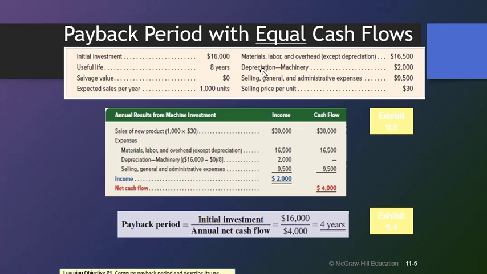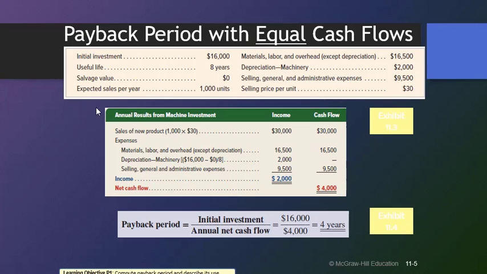That's why it was important to separate depreciation out of the other costs, because we know that depreciation is a cost allocation. It is a non-cash expense. So that's important. All right, so here we're going to look at the annual results associated with this machine. We've got an income column and a cash flow column.